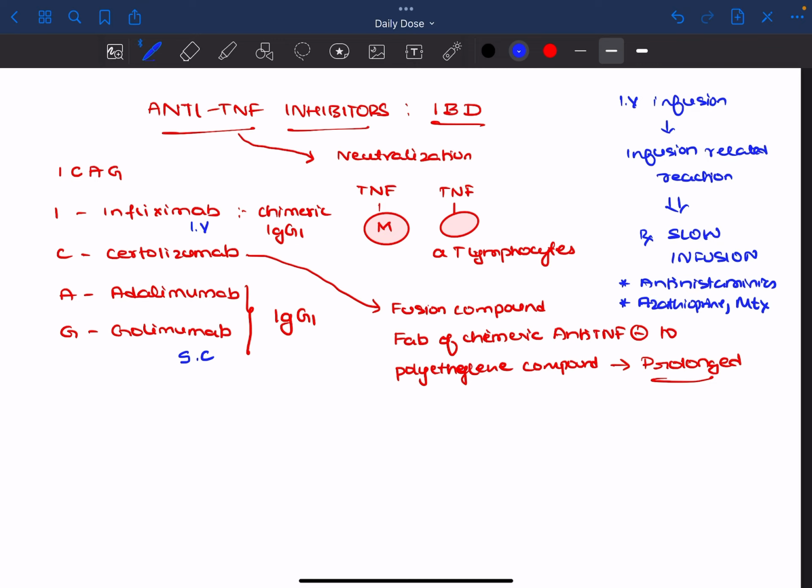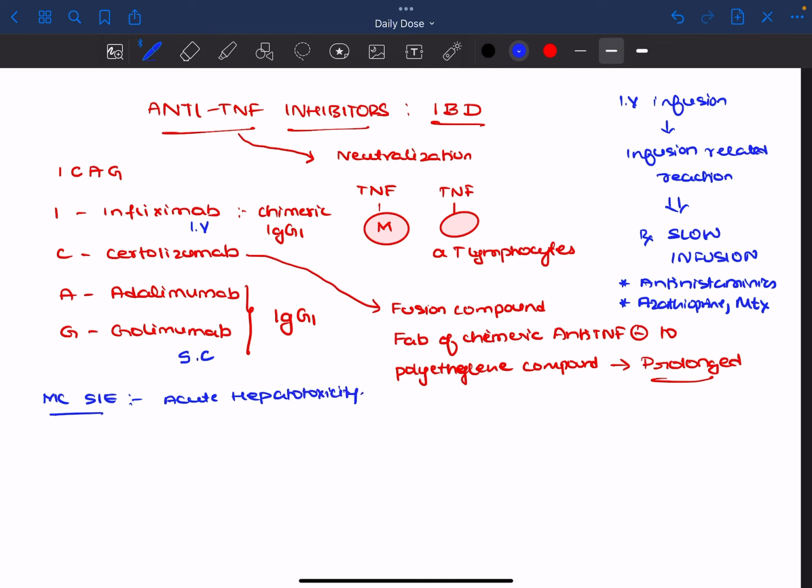So all of these anti-TNF inhibitors are known to cause common side effects. The most common side effect will be acute hepatotoxicity.